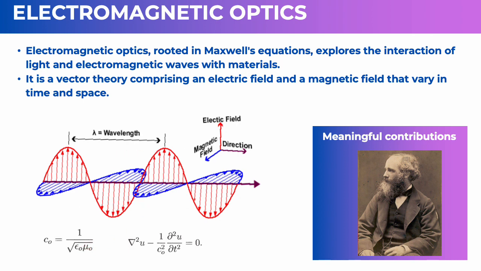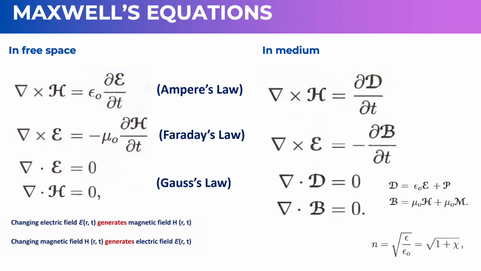Let us now look at the actual Maxwell's equations, which are the quantitative form of the equations that Maxwell proposed. In free space, these are the four equations which relate how electric field and magnetic field interact with each other.